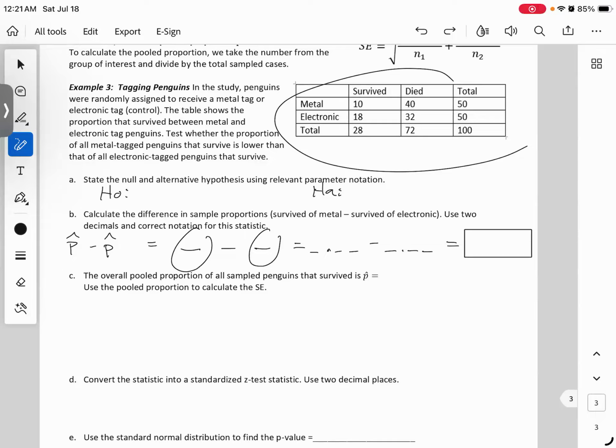Okay, so hopefully you've had an opportunity to try that. On this one, they are comparing the proportion of penguins that have a metal tag to those that have an electronic tag. More specifically, they're trying to see whether those with a metal tag are going to survive less than those with an electronic tag.